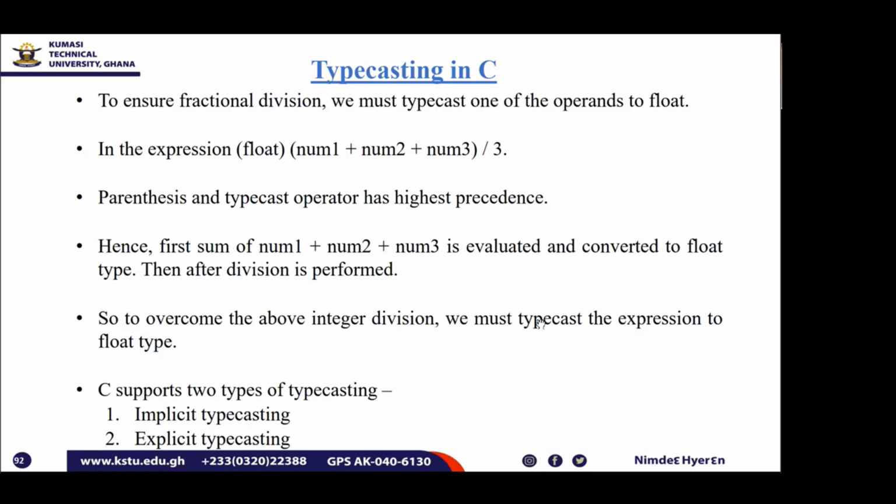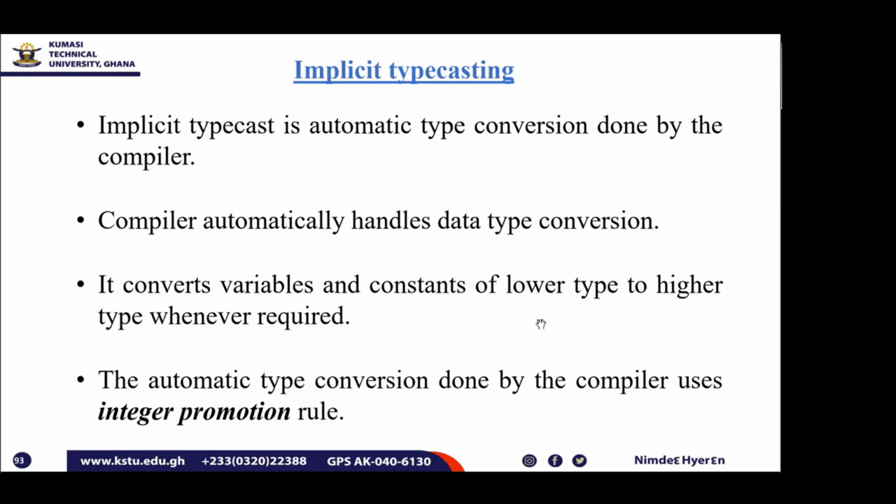So in C, there is what we term as implicit typecasting and explicit typecasting. Implicit typecasting is automatic, and this is done by the compiler, and it will convert the lower type to the higher type whenever required.